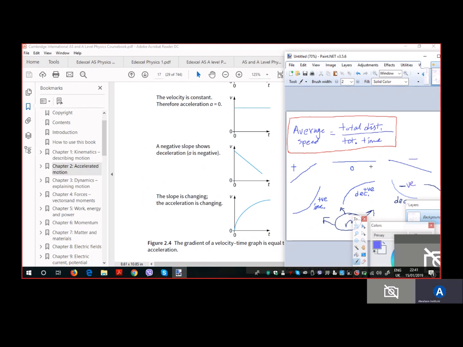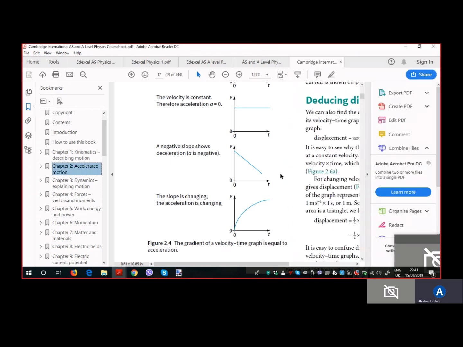Whenever it's a straight line, it's constant. So here the acceleration is constant and negative, which means it's a deceleration, or another name is retardation. In deceleration, what happens to the speed? The speed decreases. So the velocity is decreasing at a constant rate. Then here, what can you say about this?